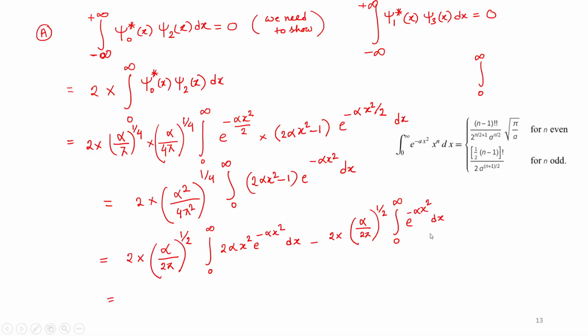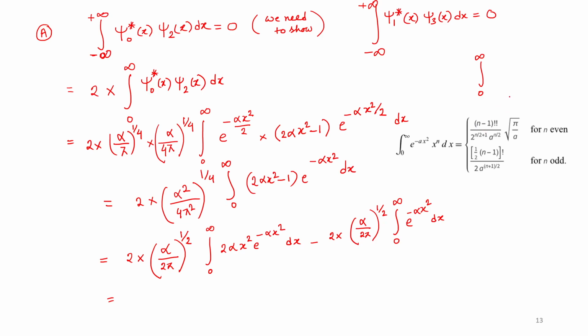Now I think it is helpful. Okay, now see, your n is 2 for the first part, and n is also even, so we are going to use the first one.